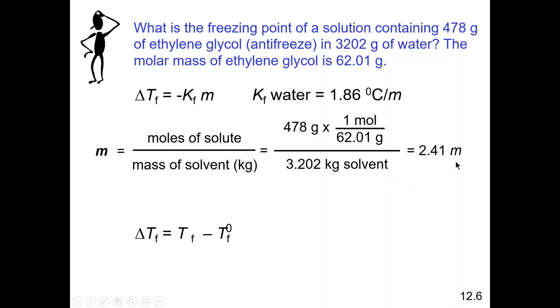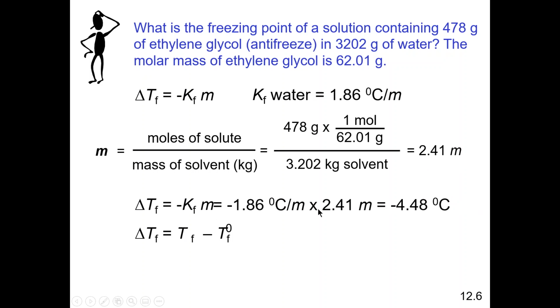But we're not finished yet, because remember the question is asking for the freezing point of the solution. So this is where this equation comes in. We plug in the value for m, which is 2.41, and the value for Kf, which is 1.86, and that gives you the freezing point depression, which is minus 4.48.